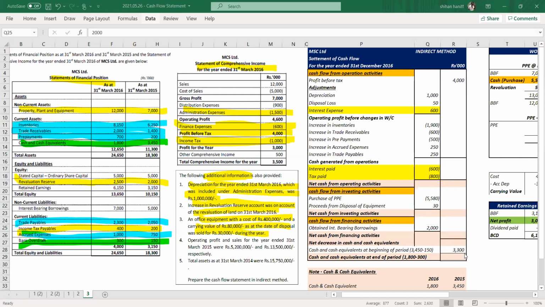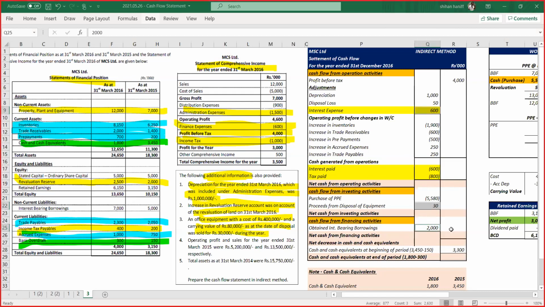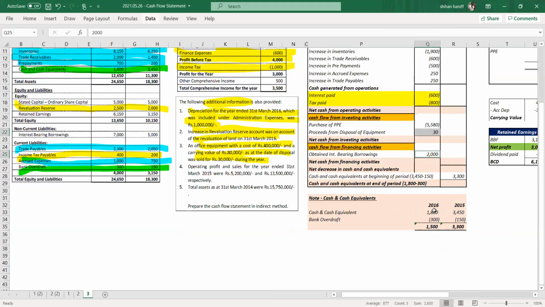You have to show cash and cash equivalent. It is better to show this note, taking all the cash and cash equivalents.